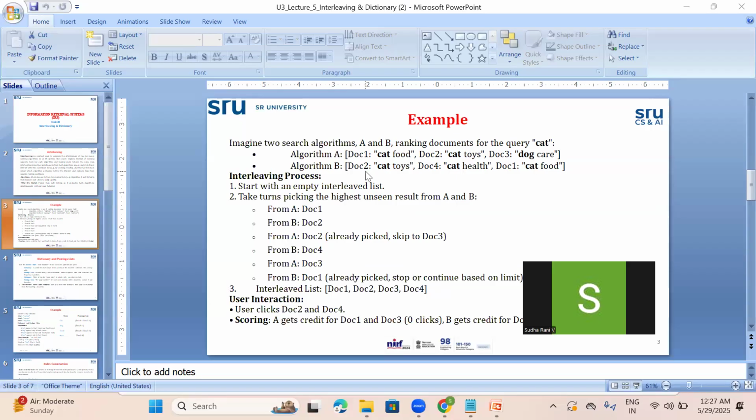Again, cat is repeating in document 2, cat toys, document 4, cat health. So like that, we are using the interleaving process. It is jumping from A document 1 to B document 2, because cat toys is in document 2. So cat food is document 1, cat is document 2, dog is document 2. Like that we can take.